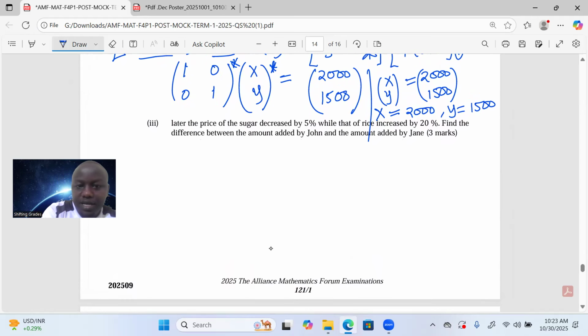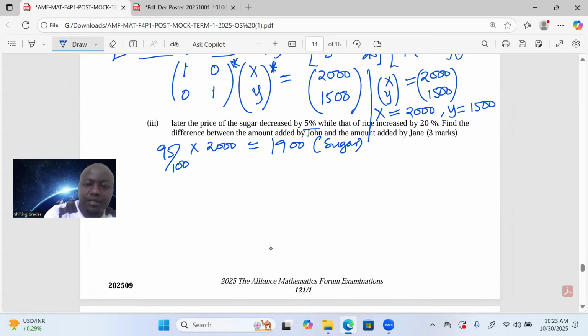Let's check first. Sugar became 95% of original. So the price of a bag of sugar became 1900. This is for sugar.